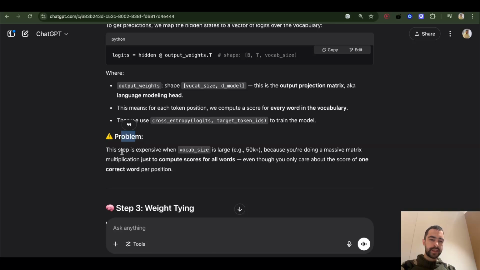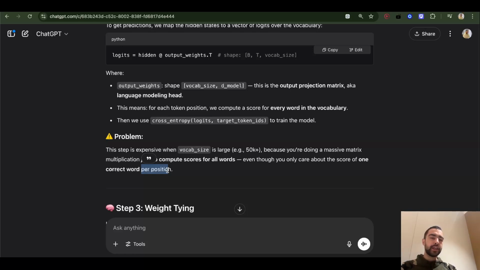Problem: this step is expensive when vocab size is large, for example 50k plus tokens, because you are doing a massive matrix multiplication just to compute scores for all words, even though you only care about the score of one correct word per position. We don't actually need to, and this is the insight by Apple.